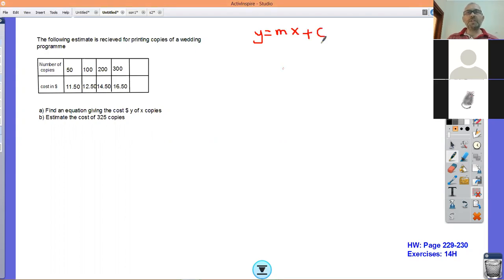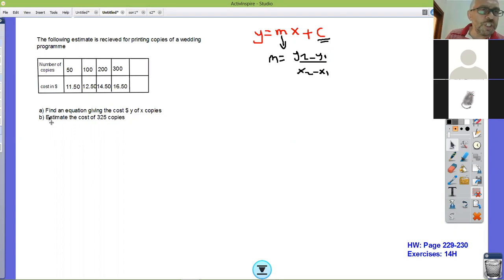Remember, c was the constant number, and m was the gradient. How were we finding it? m was equal to, I think, y2 minus y1 over x2 minus x1. If I am wrong, correct me. We were finding it like this. Now keep this in your mind, and keep this table in your mind.